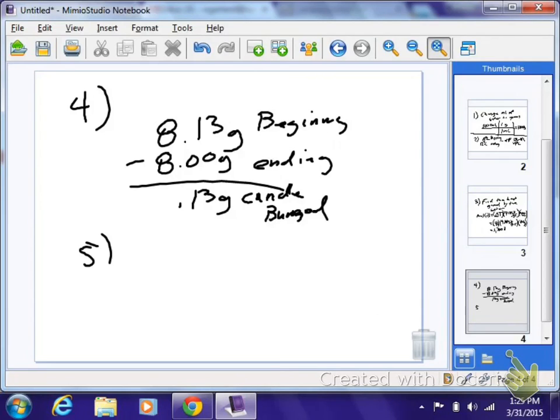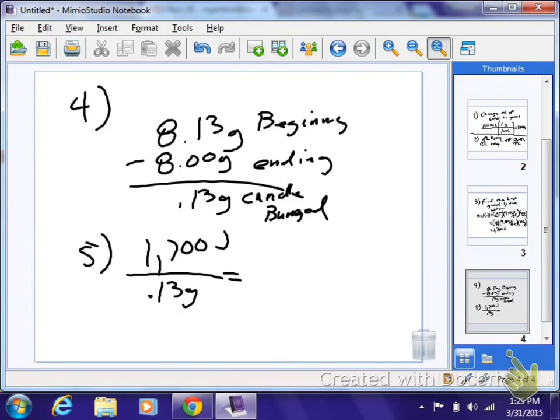So if you turn your page over, the first thing they ask you in number 5 is to find out what the heat of combustion would be. So we would take our 1,700 joules divided by our 0.13 grams.